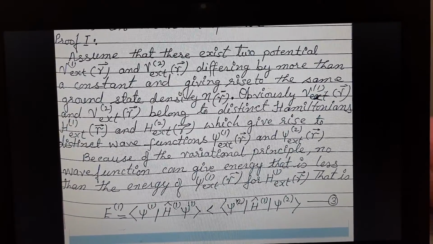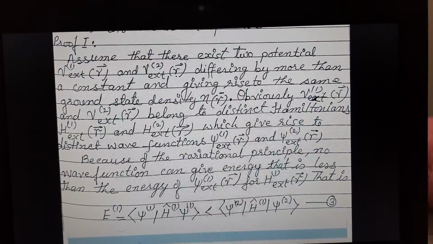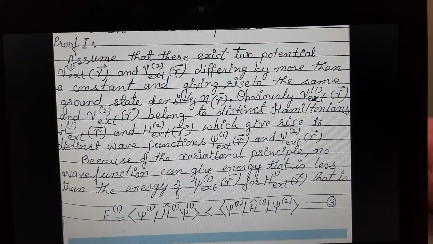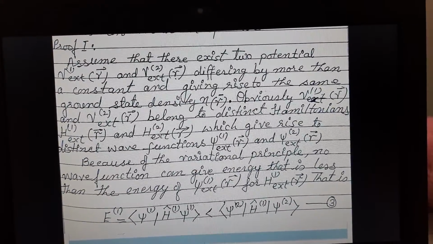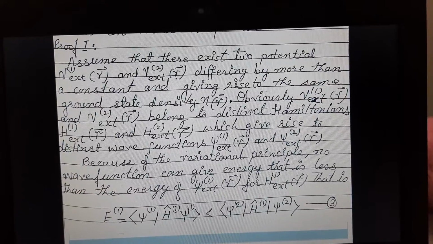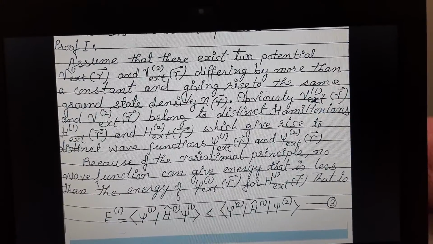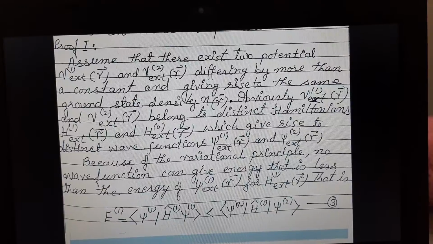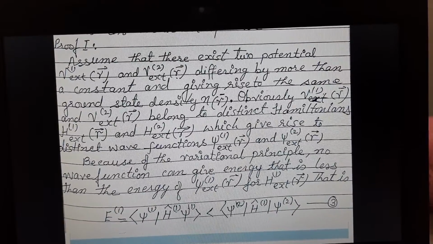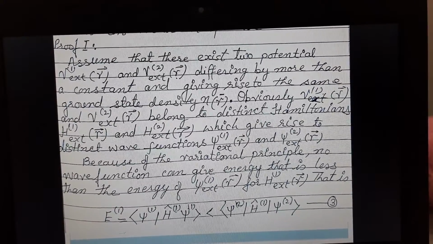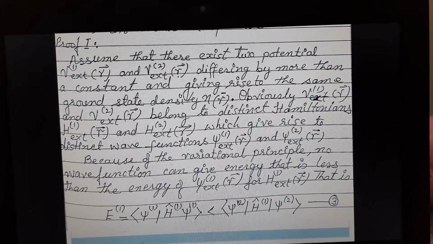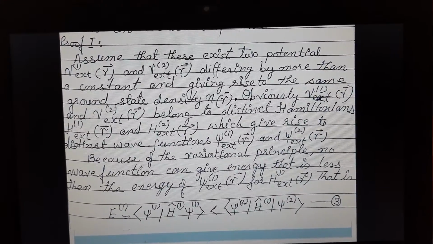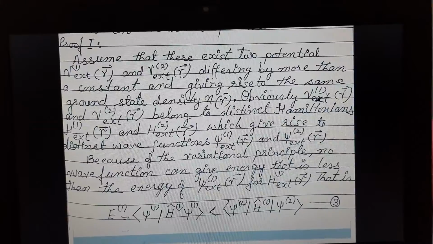Proof 1. Assume that there exist two potentials V external 1 and V external 2 differing by more than a constant and giving rise to the same ground state density n(r).